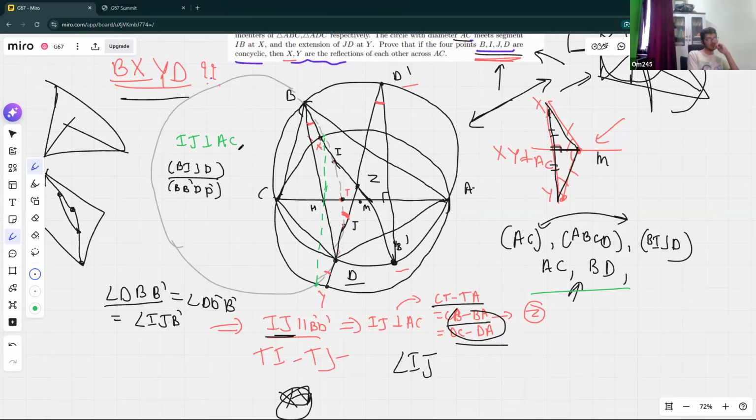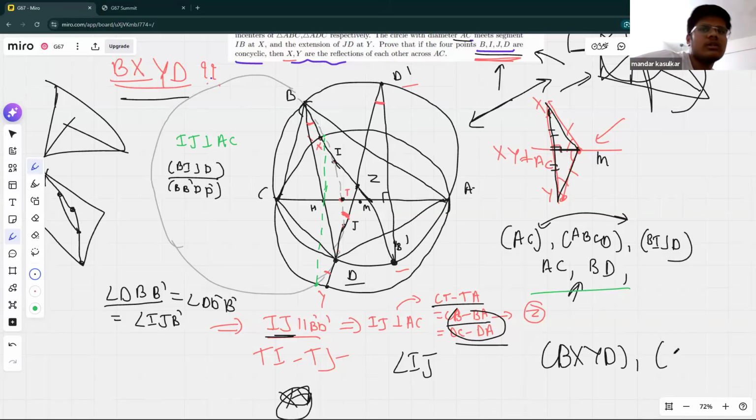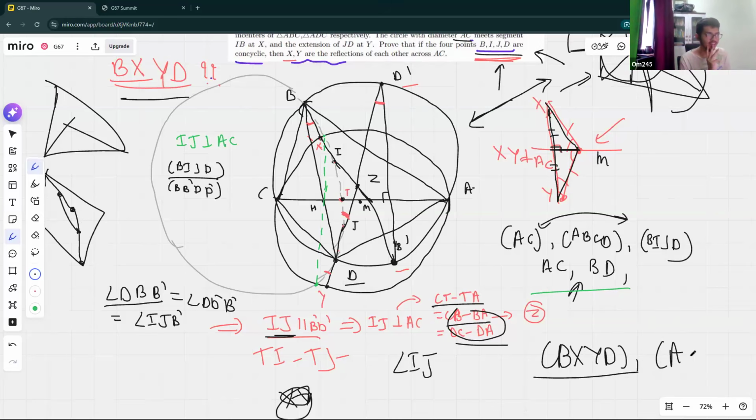Why should they be? I mean power of a point, right? Then because it's like the radical center. If they're collinear, then you can just use power of a point: HB into HD, HC into HA, HX into HY. So you use power of a point with the circles XYD and AC and ABC, right?